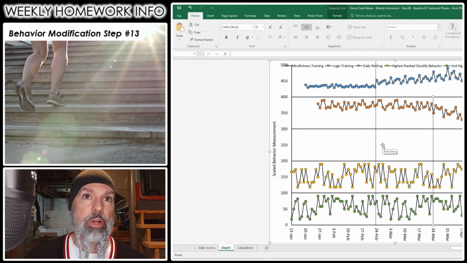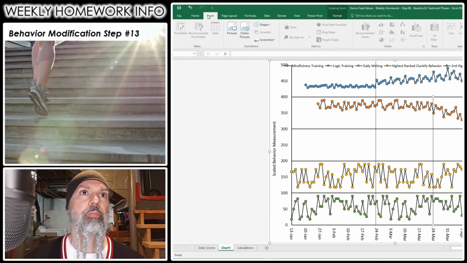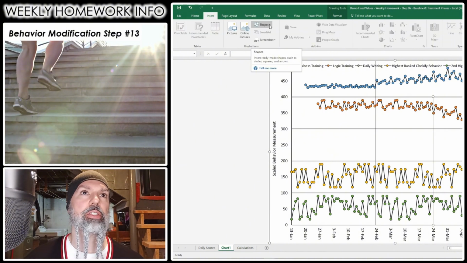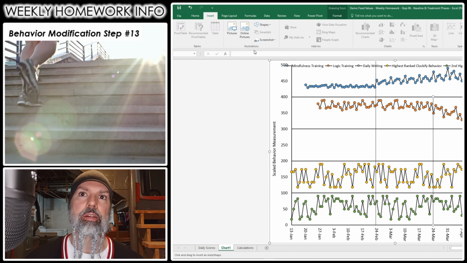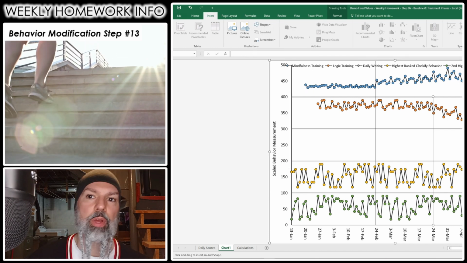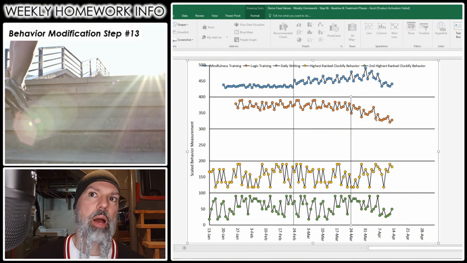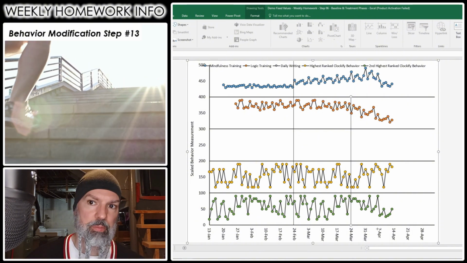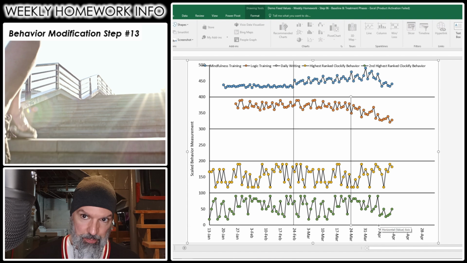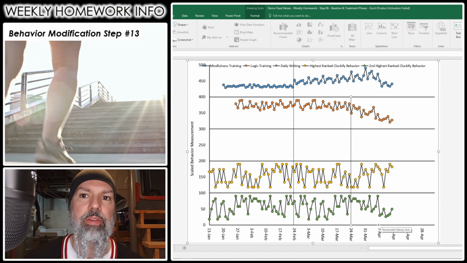Okay, so we're going to go to insert over here, and go to insert shapes. And we're going to choose the line shape drawing tool. And we are going to find our previous week's beginning, where we started this. So I believe it would have been April 7th here.